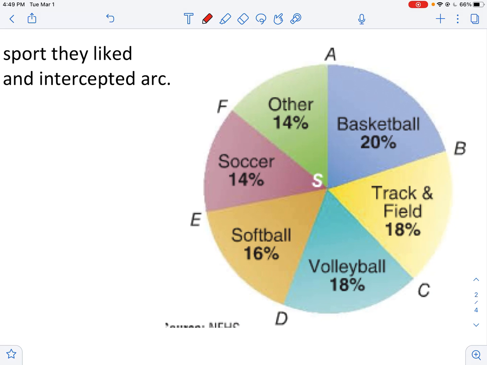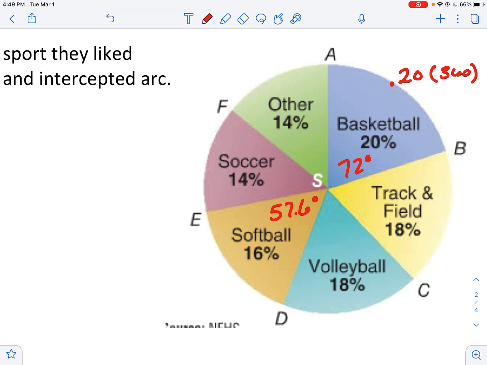So to find that degree measure, I would take my percent as a decimal, multiply it by 360. So this would be 72 degrees. Or if I wanted to find 16%, I would take 0.16 times 360, and I would get 57.6 degrees. And I would need to convert all of these to degrees.